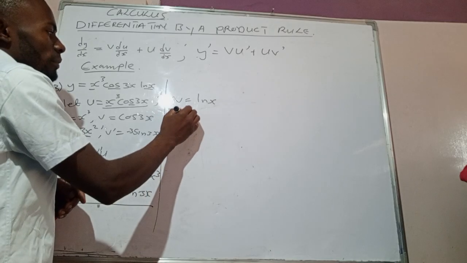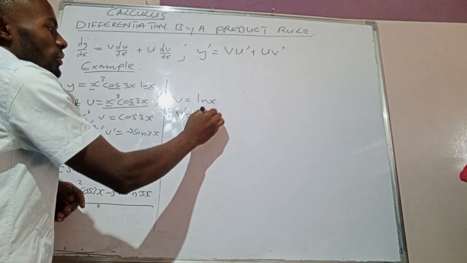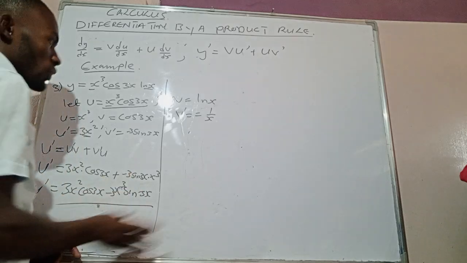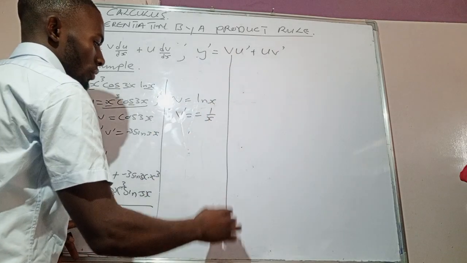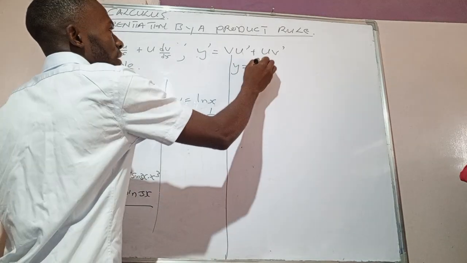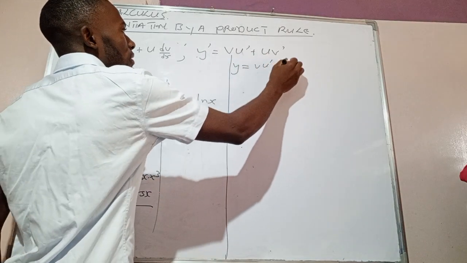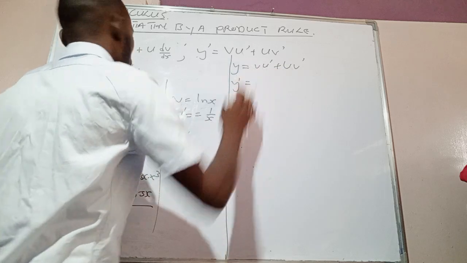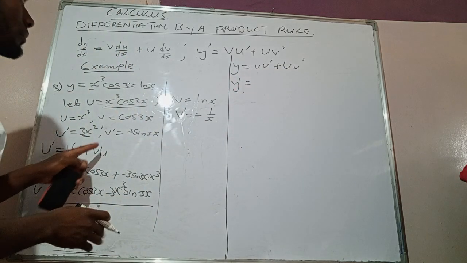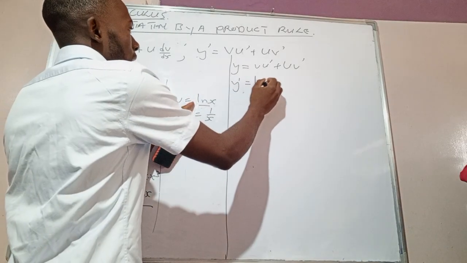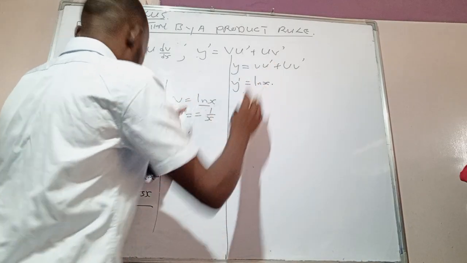Then we find the v prime here, which is going to be 1 over x. Then after doing this, we are now going to solve our equation here. So we have y prime is equal to v u prime plus u v prime. So y prime is equal to, what is our v? Our v is here, ln x, multiplied by, what is our u prime?